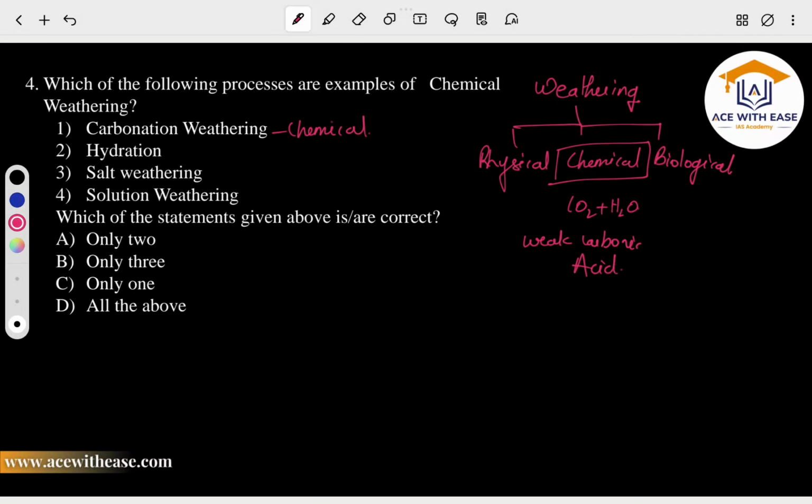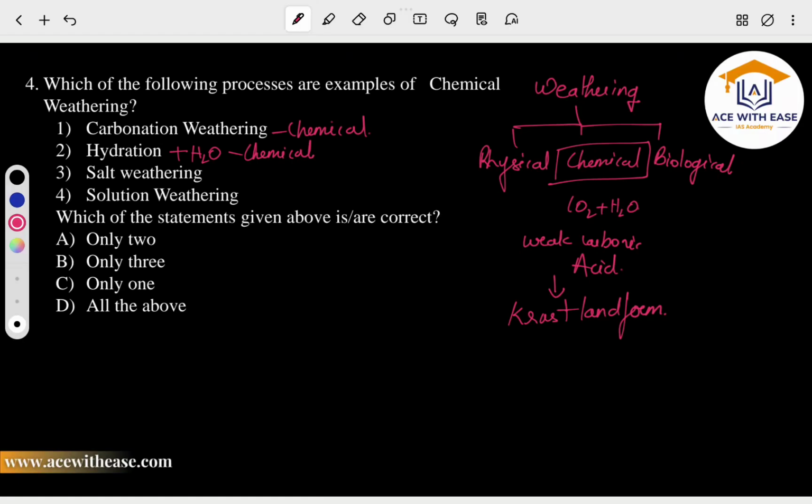This weak carbonic acid is responsible for the dissolution of limestone, dolomite, etc. And this is where we get the karst landforms. This is where carbonation weathering is present. Next we have hydration, absorption of water. This is also a chemical weathering.